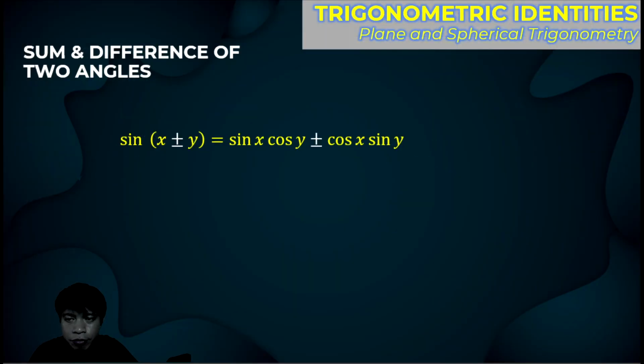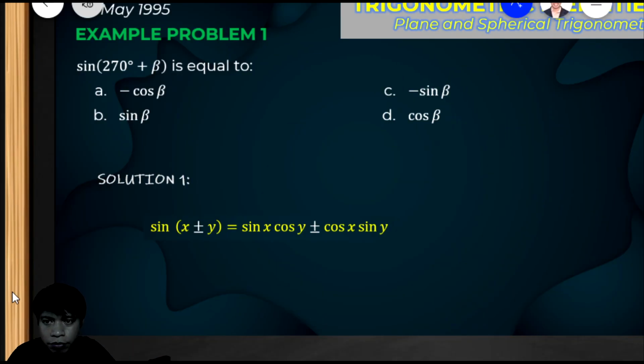So this is our formula: sine of x plus y equals sine x cosine y plus cosine x sine y. Our y here is beta. Take note that it's plus, so automatically we will use plus here.